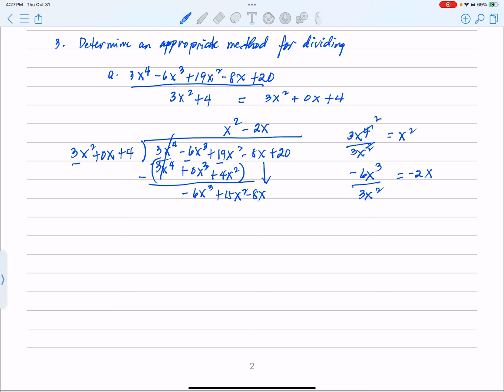So that means our dividend is negative x to the fourth plus 16x squared plus 2x.